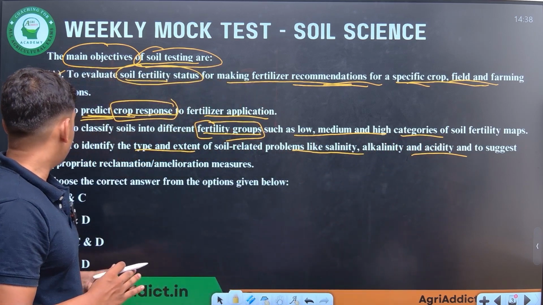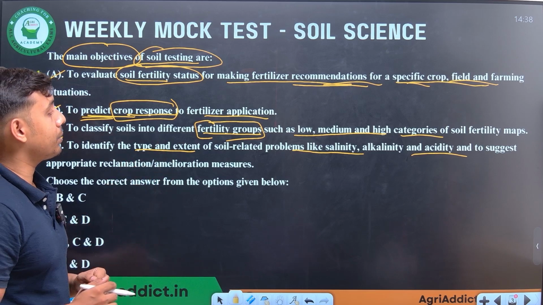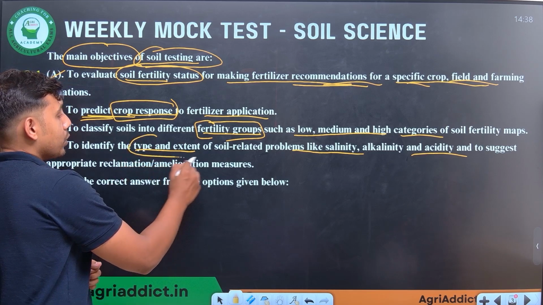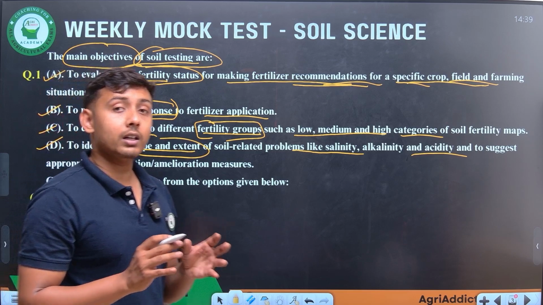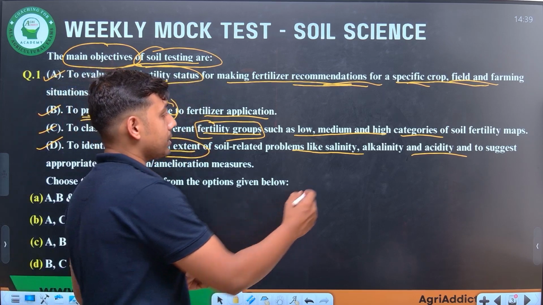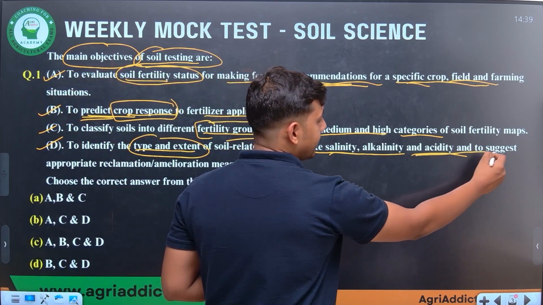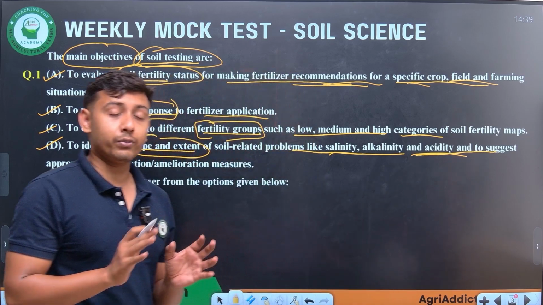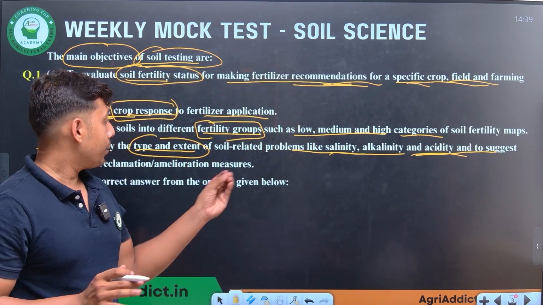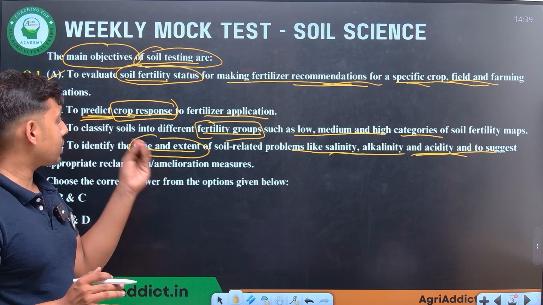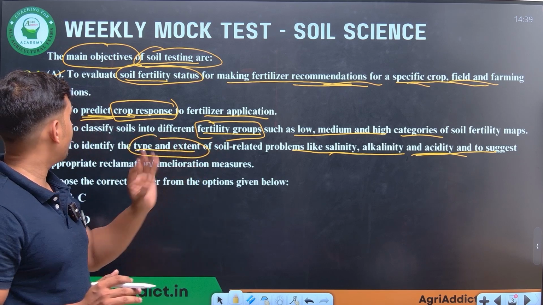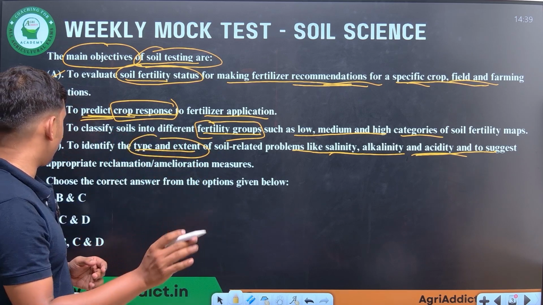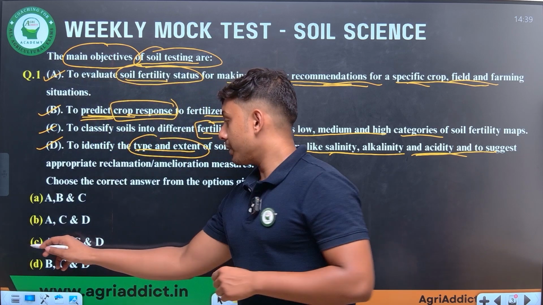Also, to identify the type and extent of soil related problems, we can find problems like salinity, alkalinity and acidity, which majorly affect crop production. So all four objectives will be correct. So here option B, C will be correct.